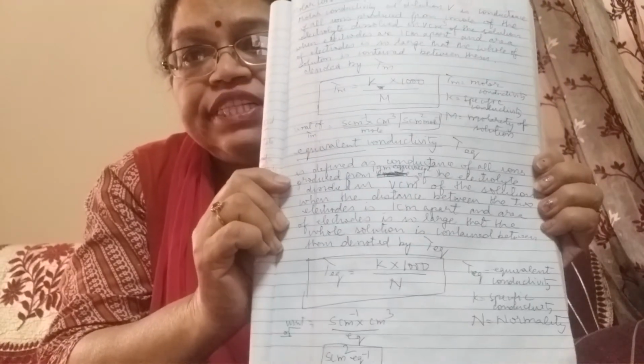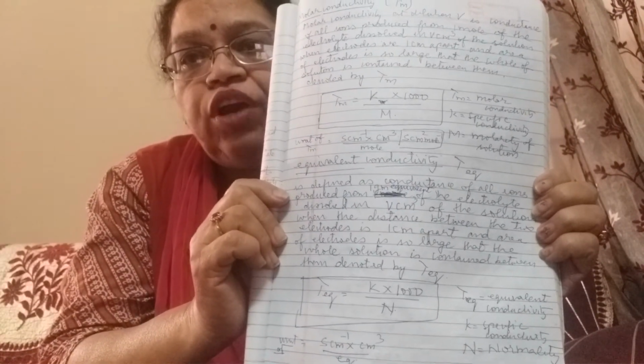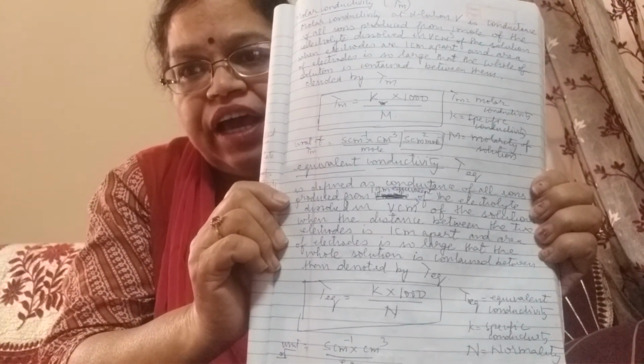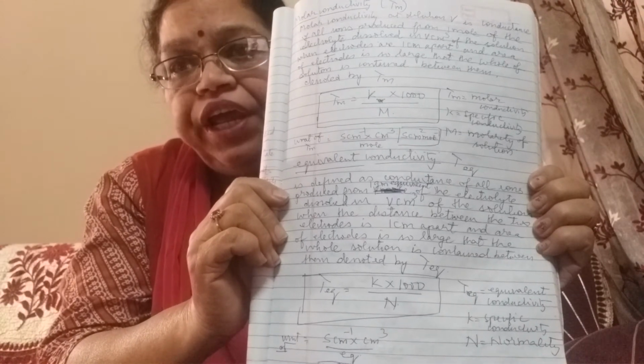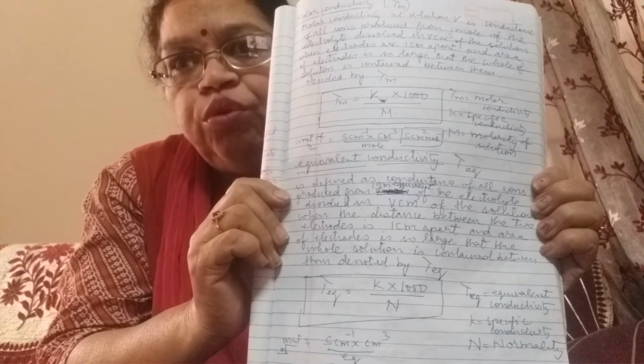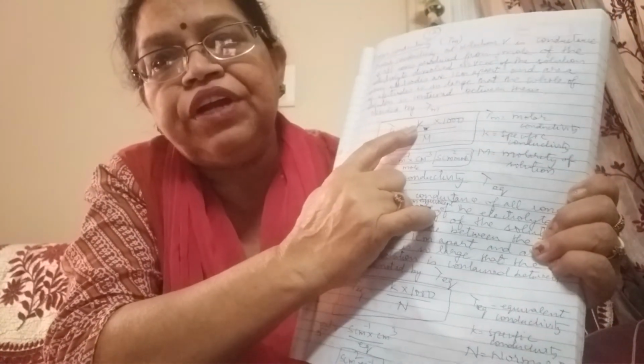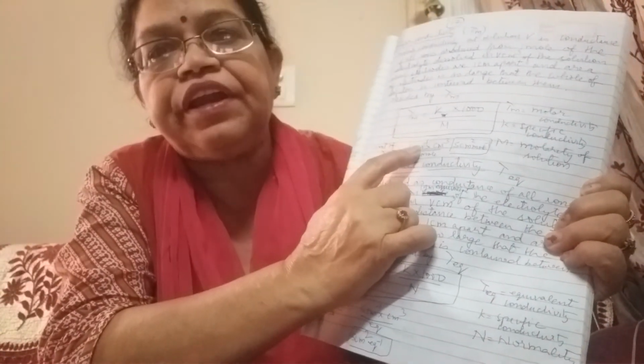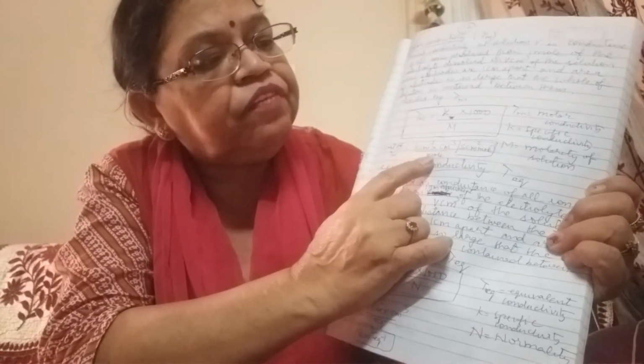If you can see the page here very clearly, molarity is taken during lambda m and normality is taken during this. Let's find out the units of both the values. The unit of kappa we found was Siemens centimeter inverse, volume we take as centimeter cube, divided by mole.